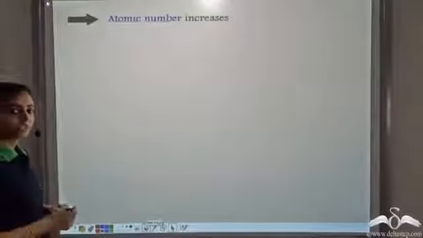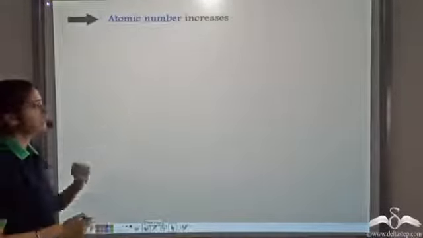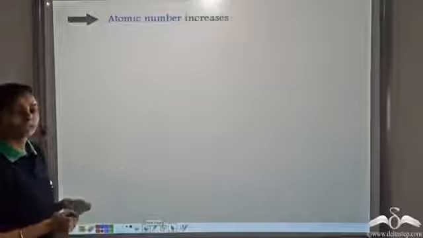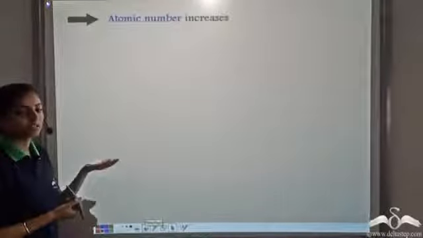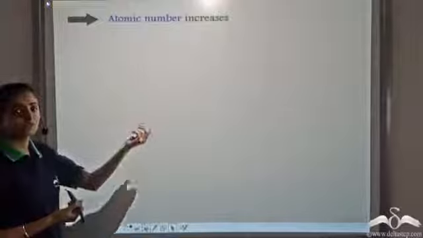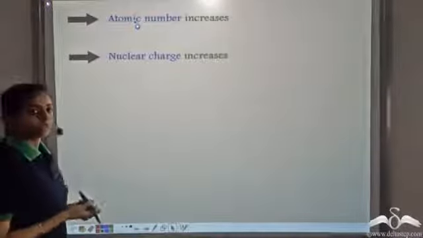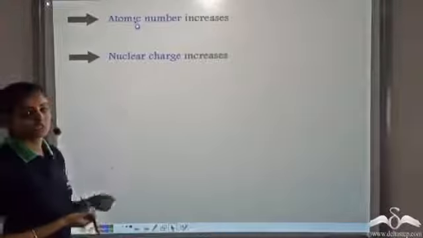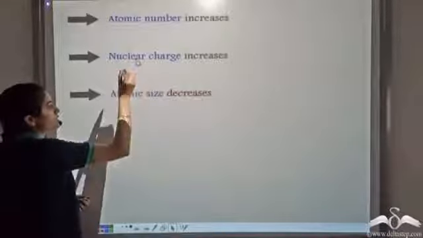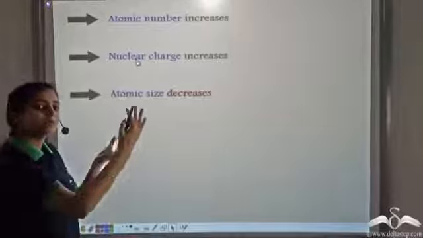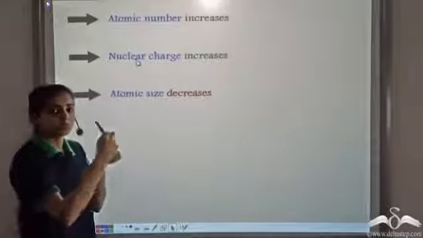So let's revisit what happens when we move from left to right in a period. The atomic number increases because we know the periodic table is arranged in increasing order of atomic number. As the atomic number increases, the nuclear charge increases. This nuclear charge leads to a greater pull of the outermost shell towards the nucleus.